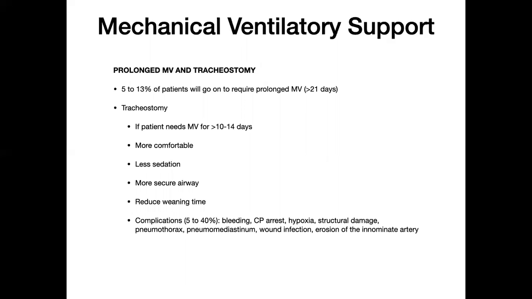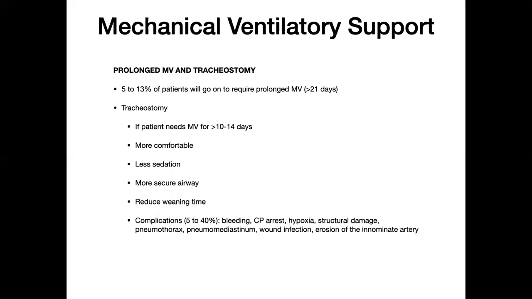But as early as 10 to 14 days, if you foresee that the patient would still need mechanical ventilation, then they should be appraised for tracheostomy. Tracheostomy would be more comfortable for the patient, you would require less sedation, and the airway would be more secure. And when you attempt to wean, the weaning time could be reduced.